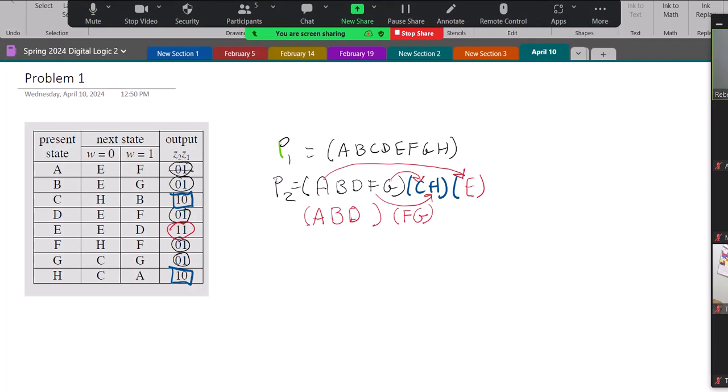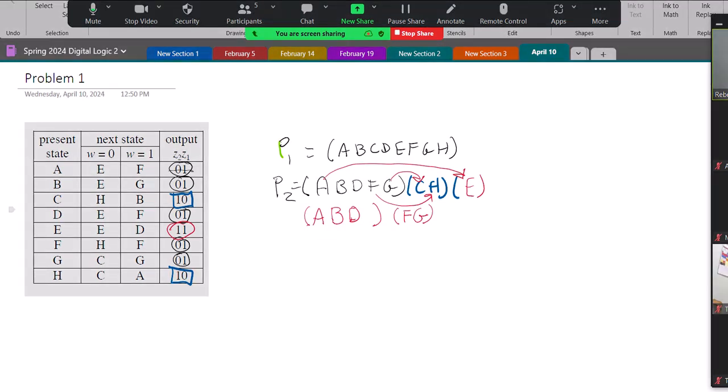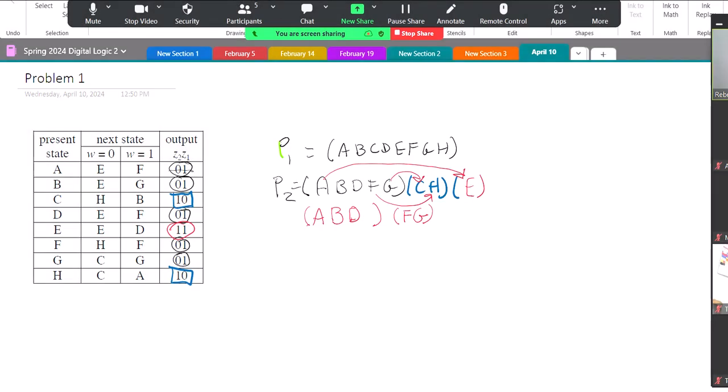We divided this first group up into A, B, and D, and F and G. Now for the second group, CH, we have to see where they go. C goes to H, and H goes to C, so they stay in the same partition. Anything that's all by itself, you don't need to check. It's going to stay all by itself. So we checked the 0 successors. Now we'll check the 1 successors, and we'll go on to P3.